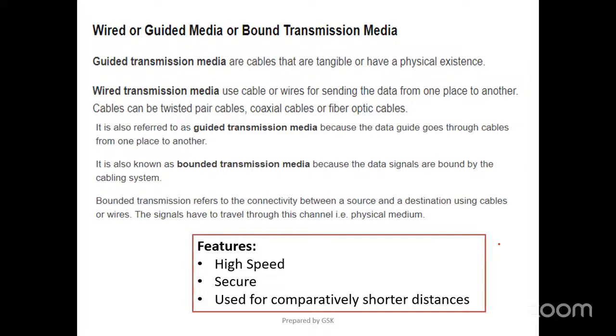Bounded means we are deciding some physical boundaries with the help of the cable. Through that cable only the data has to be transferred. That's why this is also called bounded transmission media. Wired or guided or bounded transmission media.